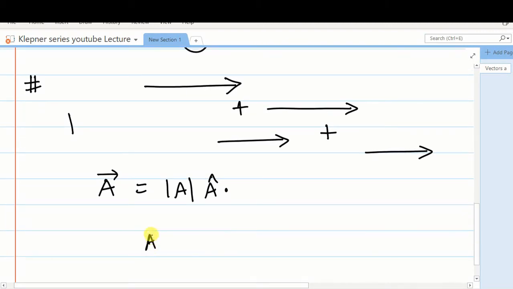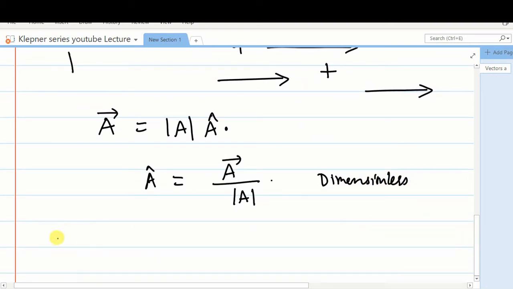A unit vector is defined as having length 1, and it is dimensionless. It doesn't have any dimension. Basically a vector is represented by a magnitude, which I have already told you, and a unit vector.